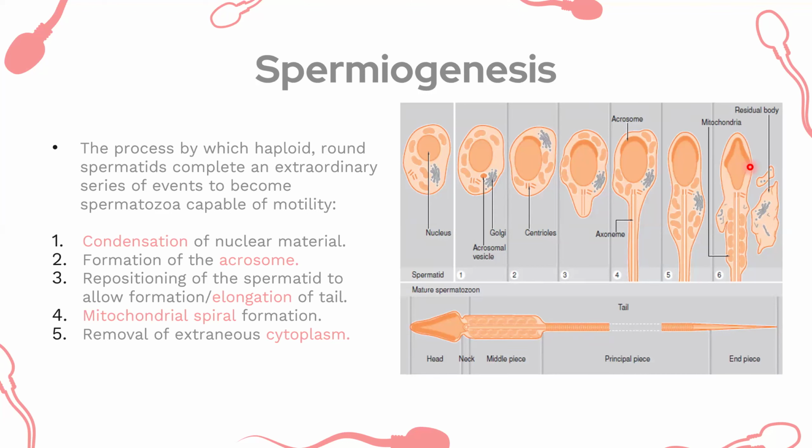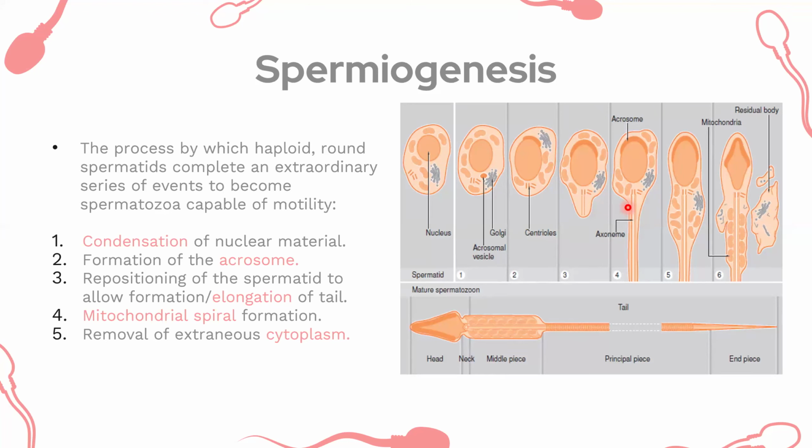Now, I'm at this stage, right? I formed the acrosome, I condensed the nucleus, but I'm still not a motile type of sperm, right? So I will start to reposition the sperm and move it around such that I'm able to create this elongation that is going to be the flagellum or the tail. Okay? When we have the flagellum, we're ready to go.